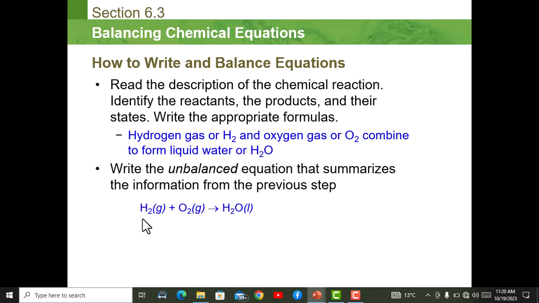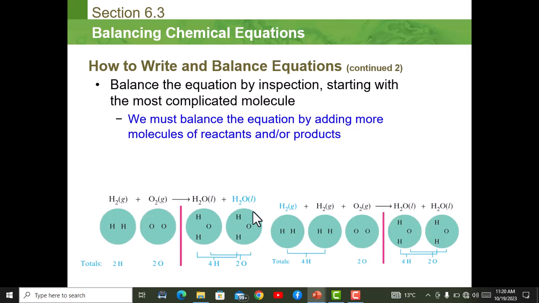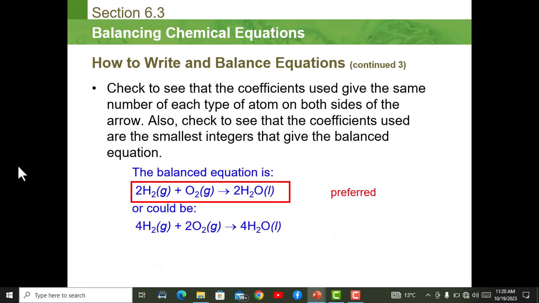Very important. And here we are trying to balance. So here we have 2 oxygen atoms, and 4 hydrogen. 2 times 2 is 4. Or, it could be, they say preferred, we can have 8.